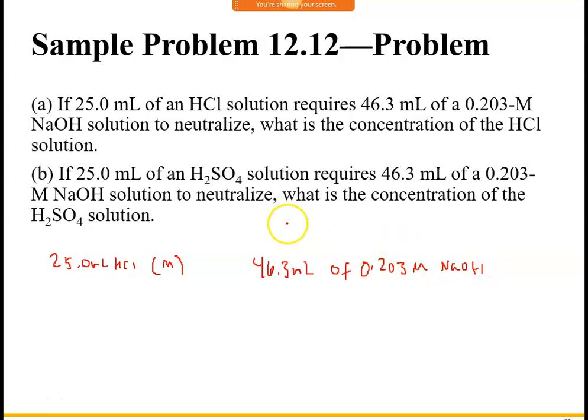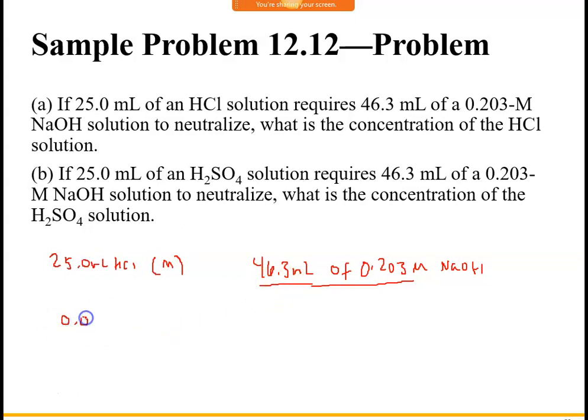So when it hit the equivalence point, this is how much of it took. Okay? So basically what you do is you take this information, because remember, this information I can find moles. But you got to remember that you have to convert everything to liters.